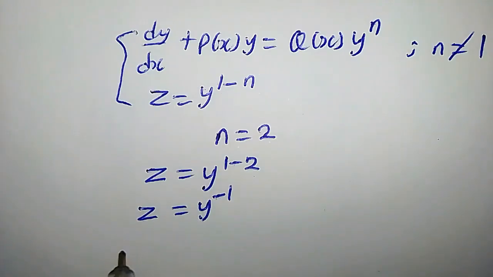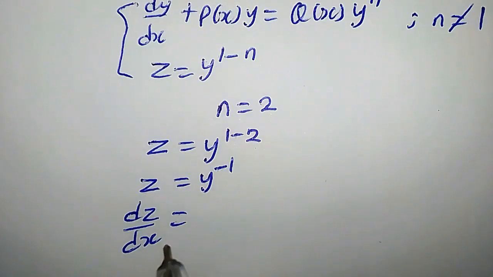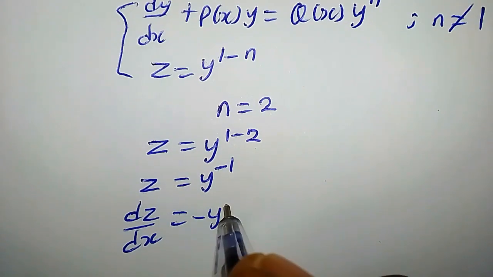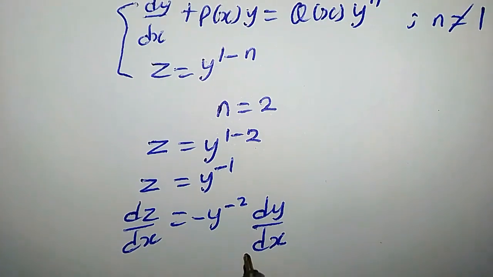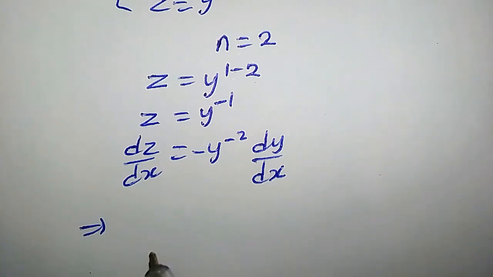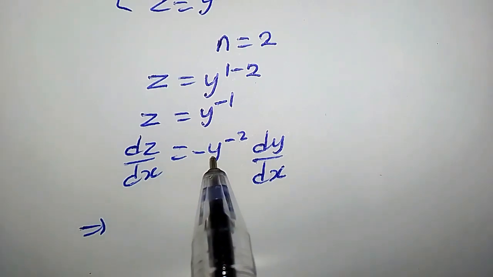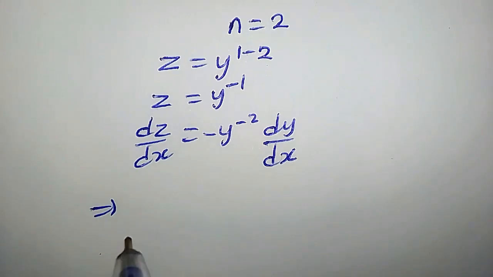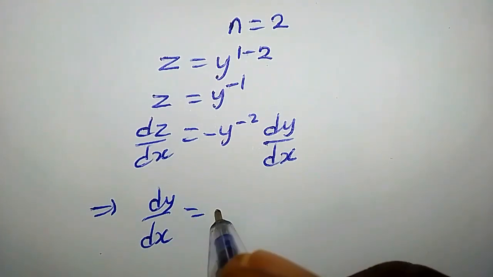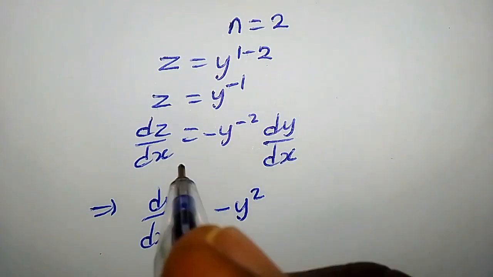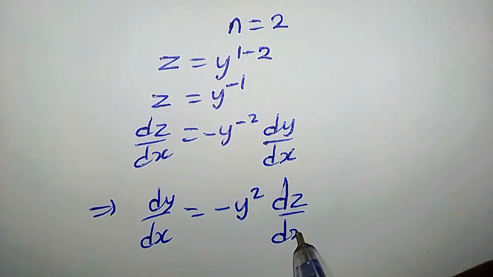Differentiating with respect to x, we have dz/dx equal to minus y raised to power minus 2 times dy/dx, because y is a function of x. Dividing both sides by minus y raised to power minus 2, we have dy/dx equal to minus y squared times dz/dx.